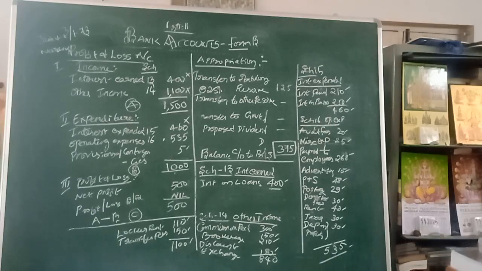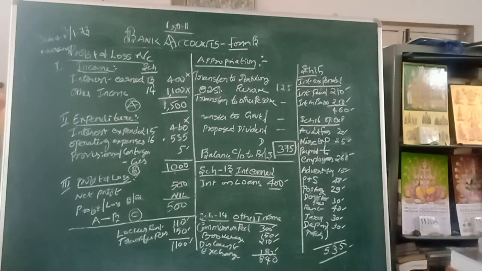Okay, that is other liabilities and provisions. Here it is provisions and contingencies. In this question, we are given the provisions in the problem itself. So no need to give the entry on the asset side of the balance sheet. Moreover, we are not preparing that one as far as this problem is concerned.